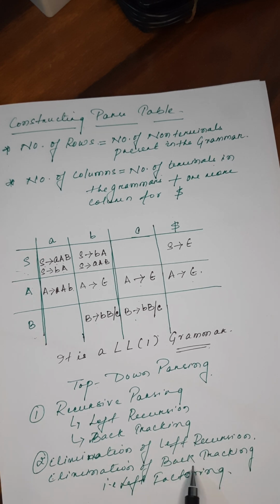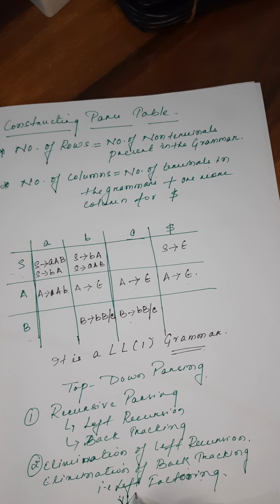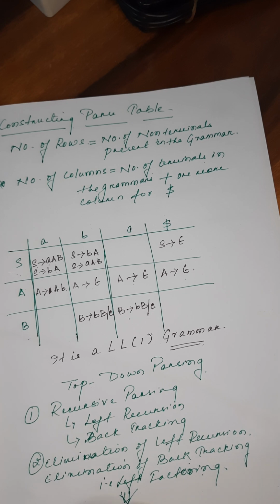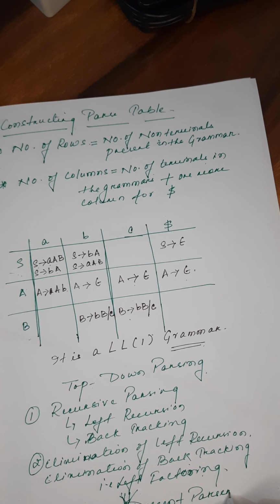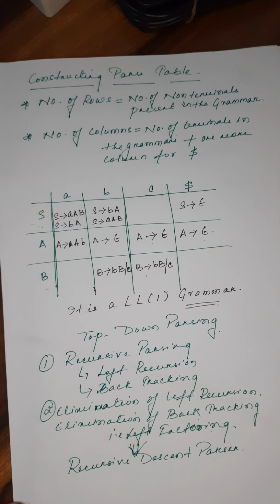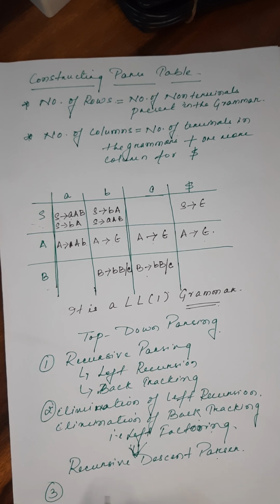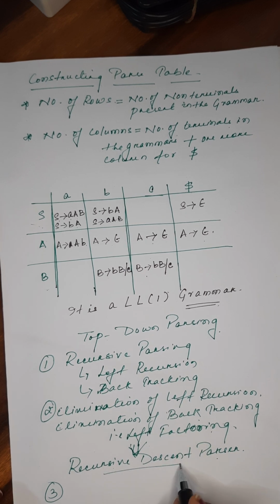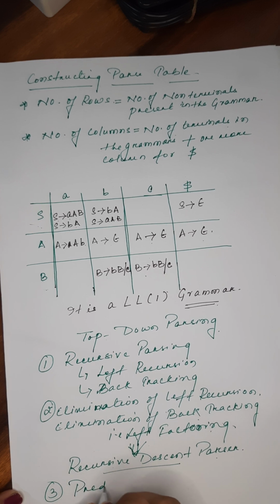Then after eliminating left recursion and backtracking, what did we get? We got a grammar that is free from left recursion and backtracking, and that was called a recursive descent parser. Third, what did we study? The recursive descent parsing grammar is fed as input to a predictive parser.